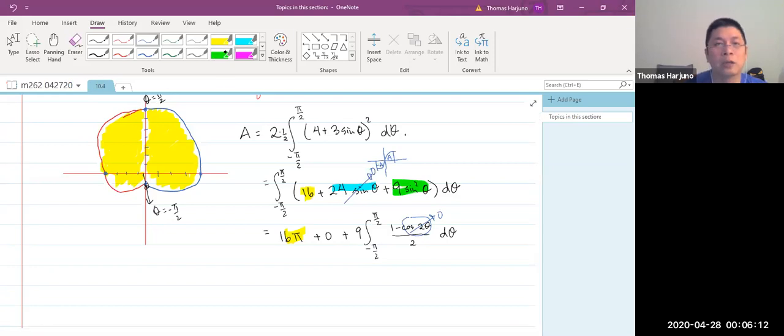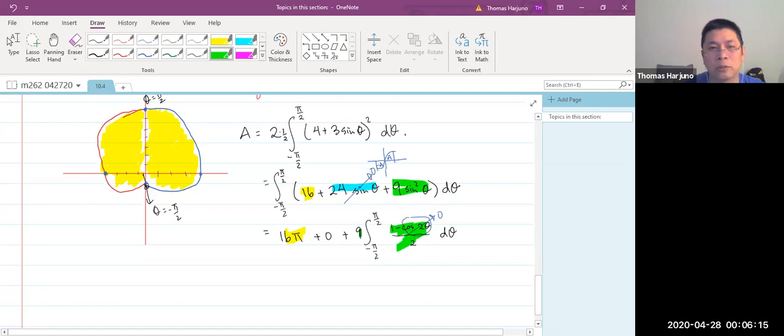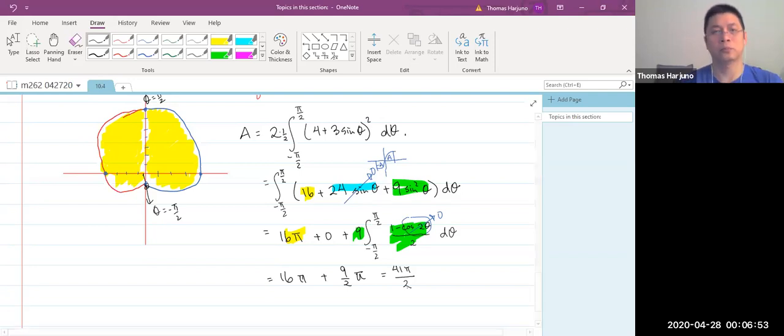Then I will get 16 pi plus 9 over 2 times pi. This 9 over 2 is multiplied by the length of the interval, which is pi. So that will be 41 pi over 2.